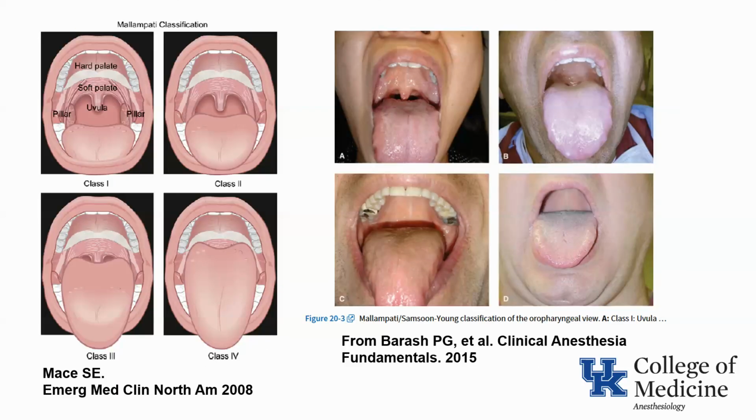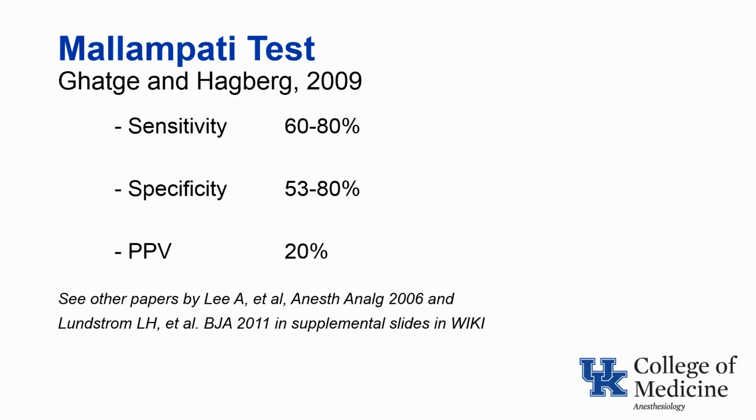And yet some other photographs of the Mallampati classification. In the review article I've mentioned several times, they found the sensitivity to be between 60 and 80%, the specificity between 50 and 80%, and the positive predictive value very poor at only about 20%.